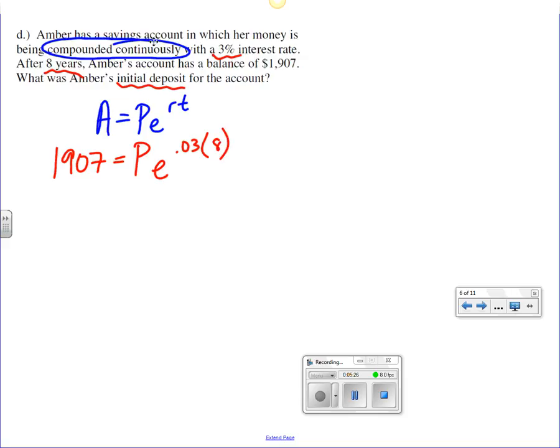So to get P by itself, you just simply divide by e to the 0.03 times 8. And on this one, you get $1,500.10. So that's how much she initially deposited.